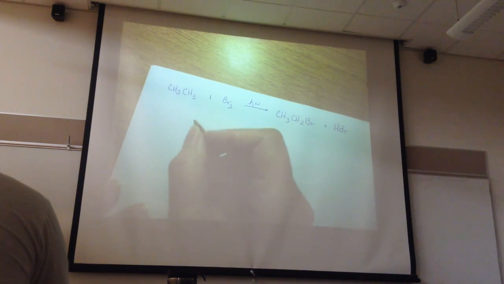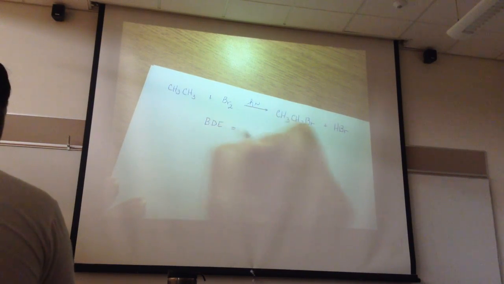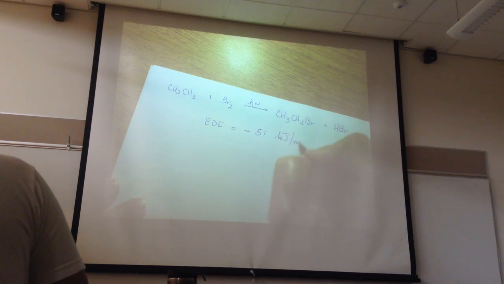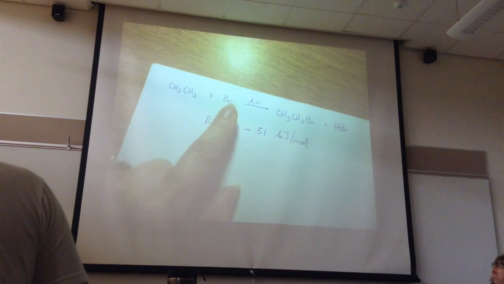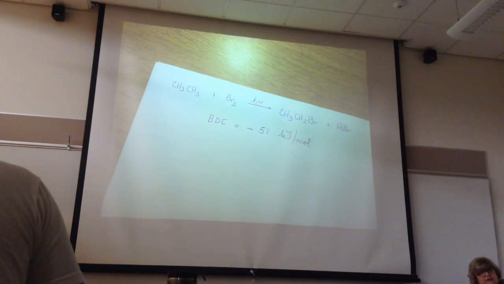Negative 5.1? Okay, so the BDE here is going to be negative 5.1 kilojoules per mole. And that's you using the table. You're breaking these, forming that, and you got the numbers from the table, okay?